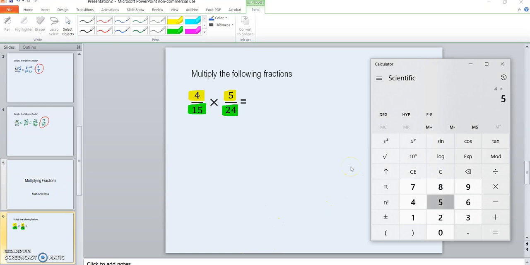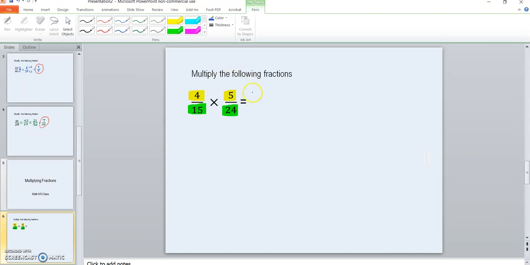So 4 times 5 is 20, and 15 times 24 is 360. When we get to these big numbers, it can be hard to determine what you have to simplify by. So instead, we'll simplify first.